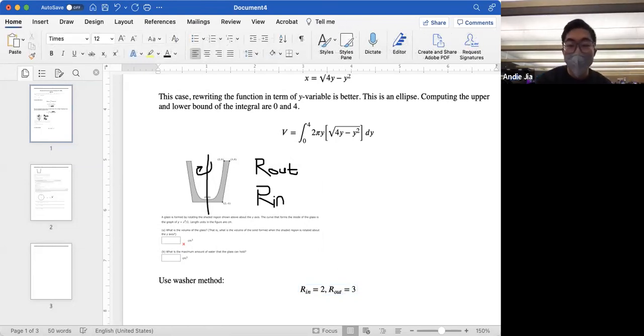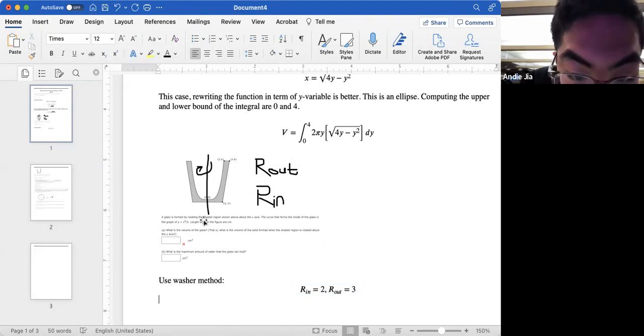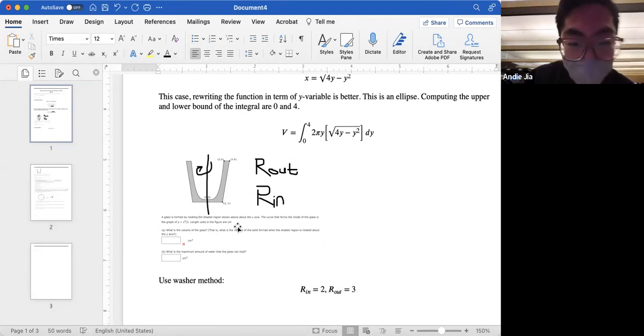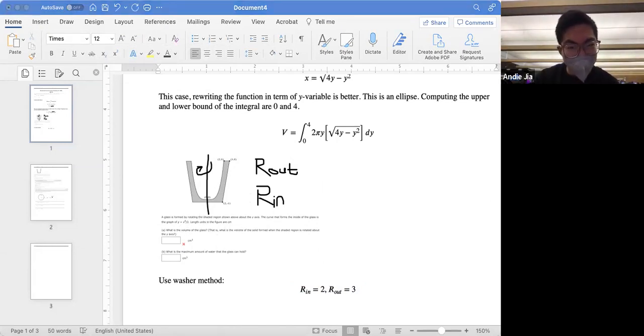Because this is in terms of y, y equals x to the fourth over 2.